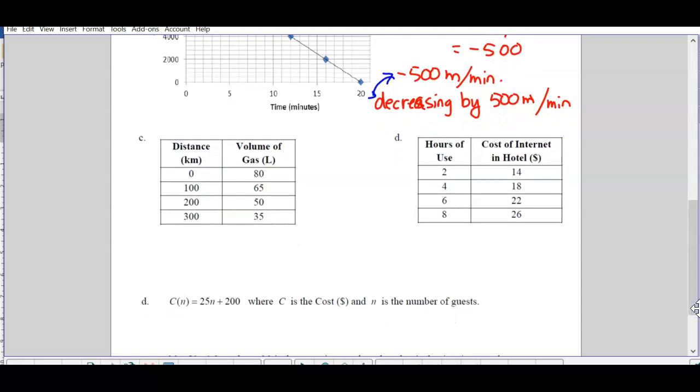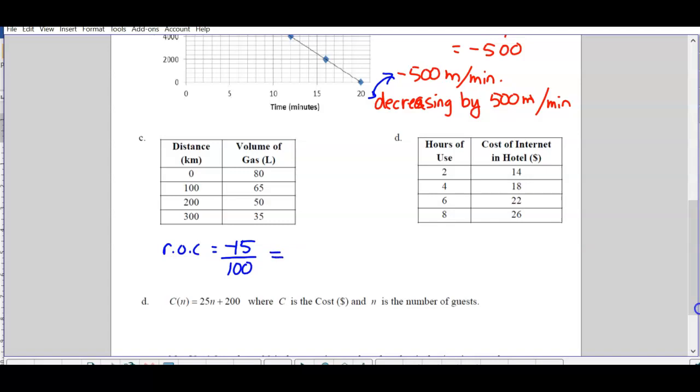Okay, next one, rate of change. These are all increasing by 100s, and these are all decreasing by 15, so it is linear. So decreasing by 15 for every increase of 100. And then reduce that.